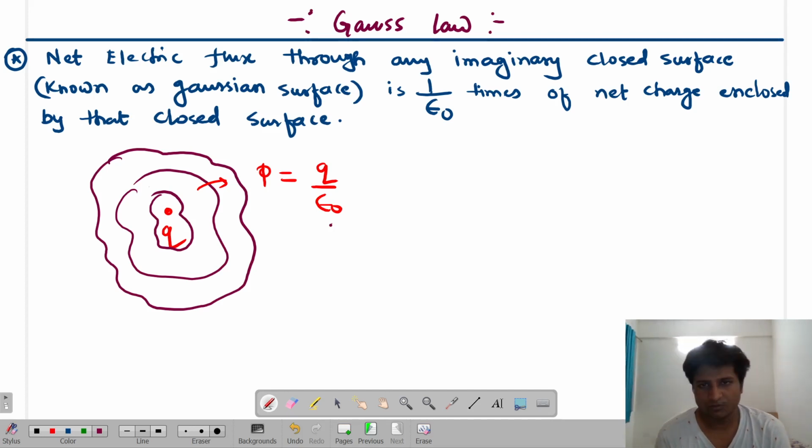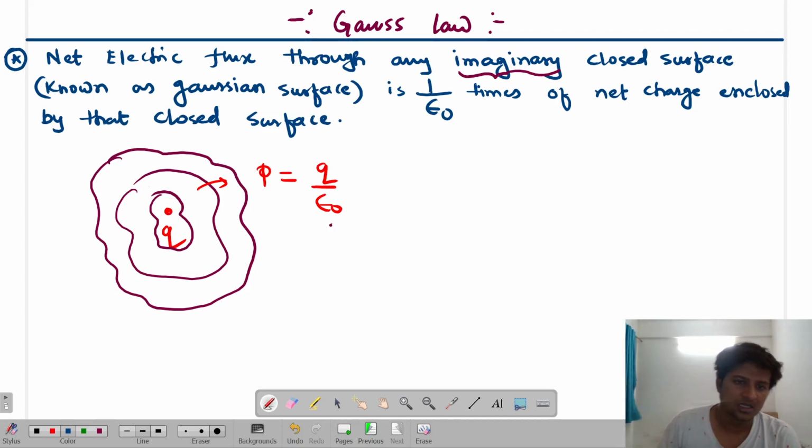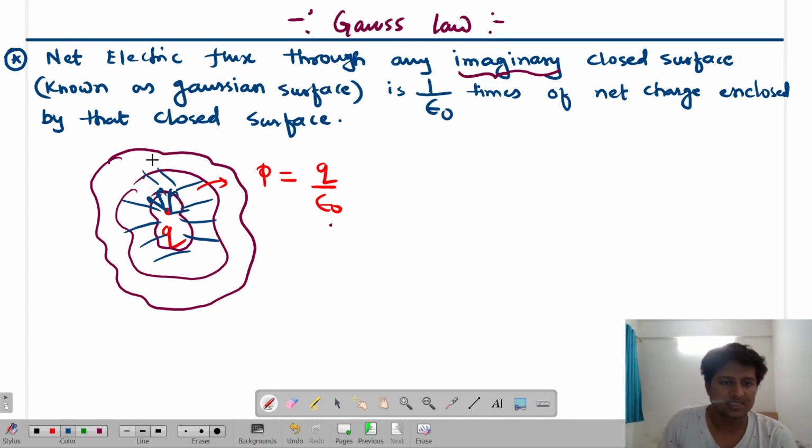There is a term used over here, imaginary, just to understand the conflict between what is reality and what is non-reality. Actually, the charge is only one in that area, so the flux will be linked with that charge itself. Why is it saying constant? Because the number of field lines generated in that region will balance with the same number of field lines in the other region and in the farthest region.